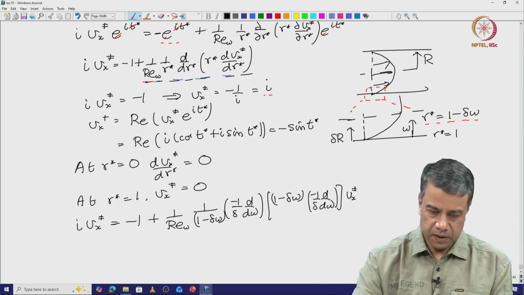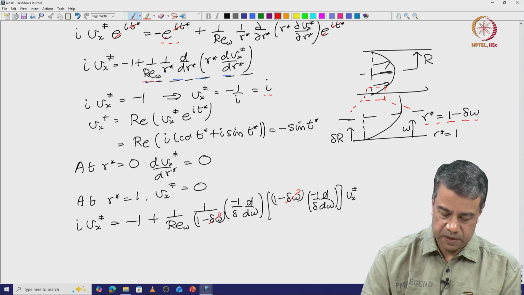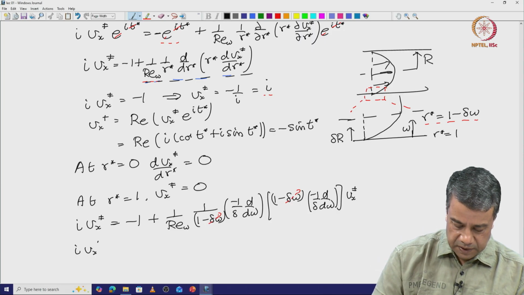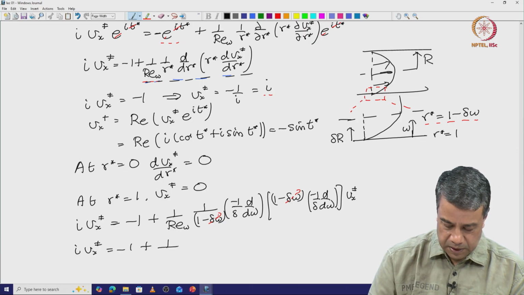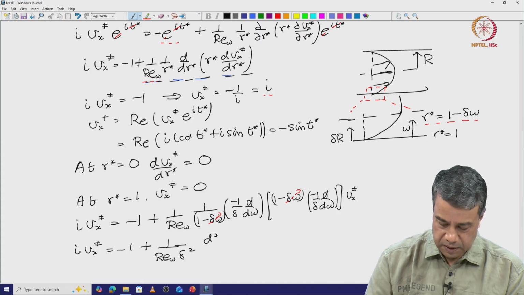Since delta is small, I can neglect delta w with respect to 1, and I will get I Vx double dagger is equal to minus 1 plus 1 by Re omega times delta square, d square Vx double dagger by dw square.